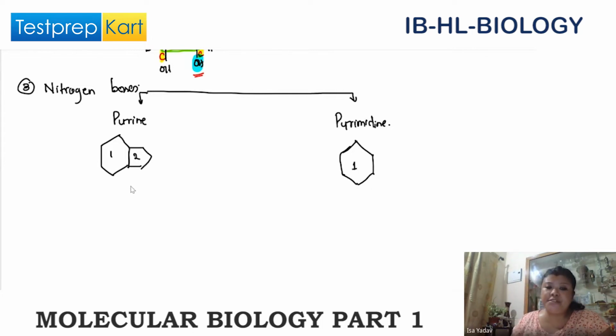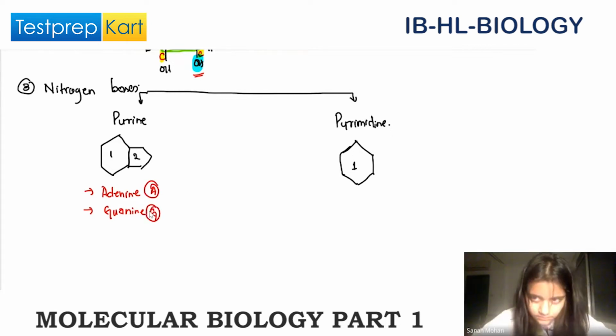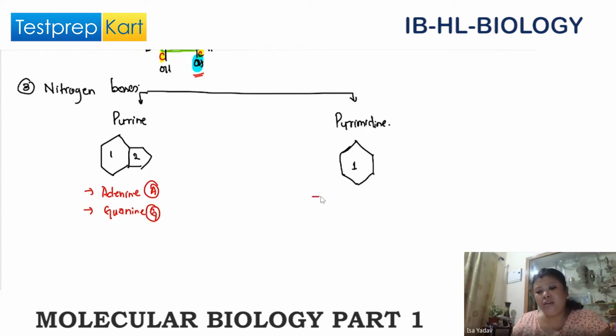This is the difference. Next, the two types of purine are adenine and guanine. Adenine is denoted by A, guanine by G. The pyrimidines are thymine, cytosine, and uracil.